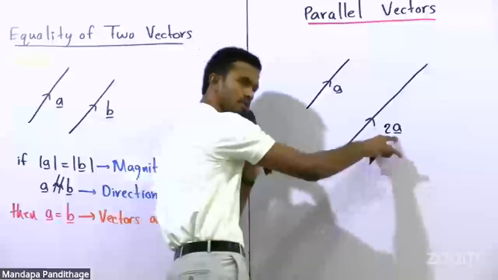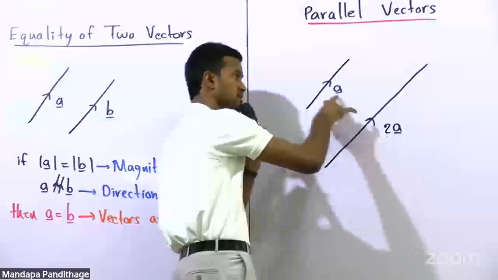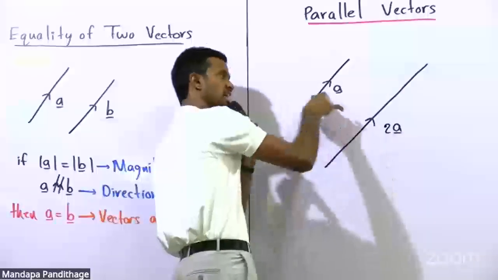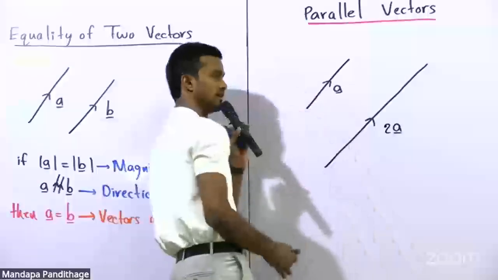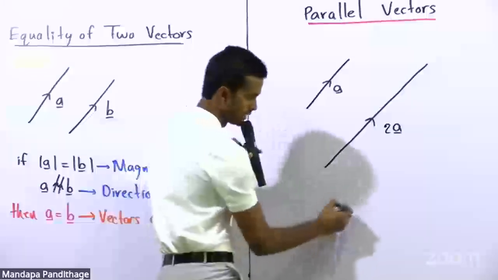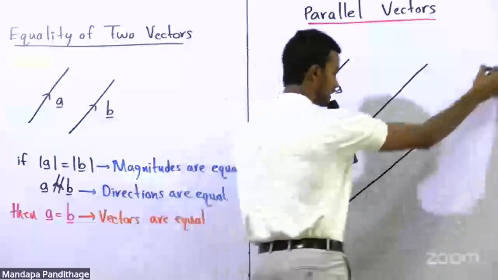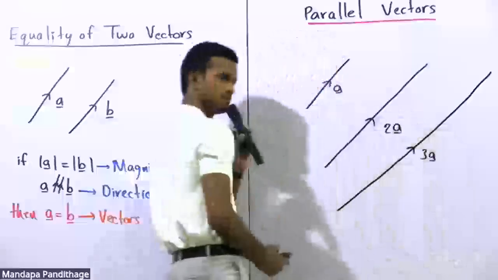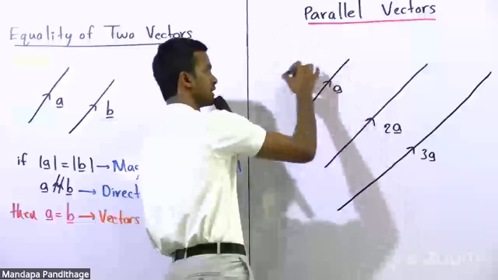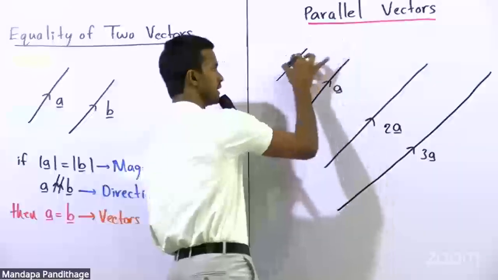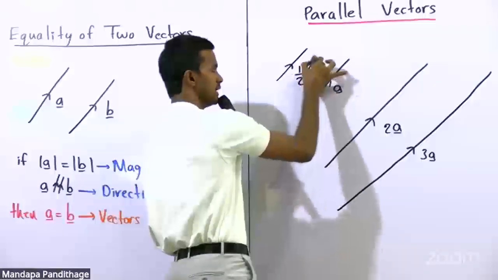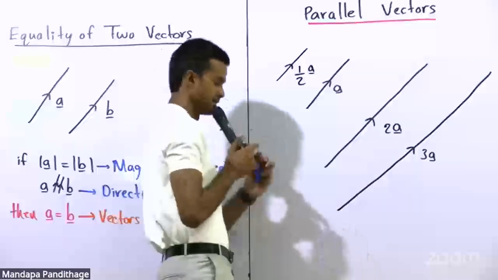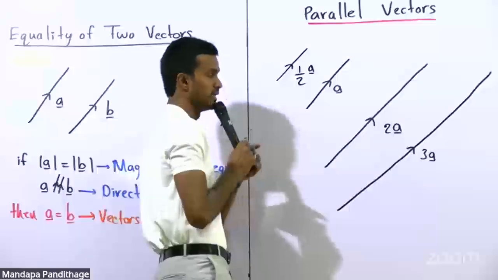Because A is for the direction and 2 is because the magnitude of this vector is 2 times greater than this one. When it is 3 times greater, then we can name it as 3A. If it is only half of the size of this, then I can name this vector as half A. And then it is clear that you get the idea.